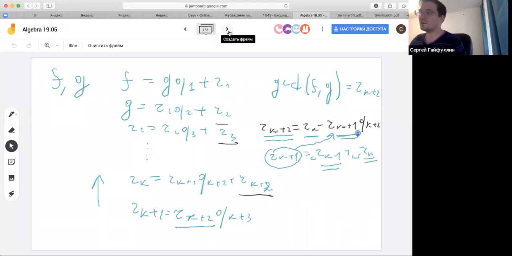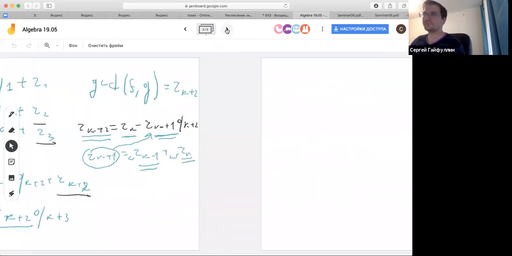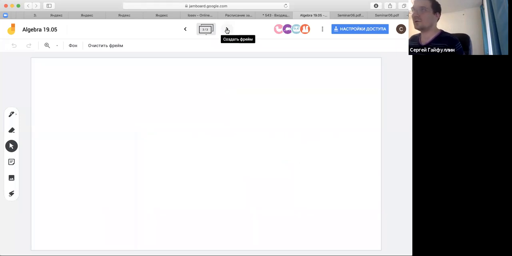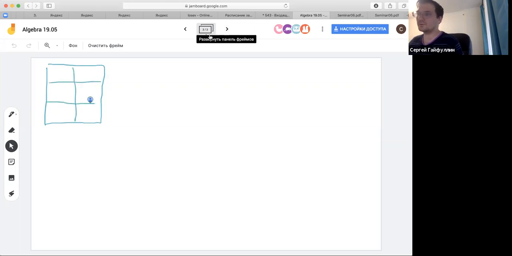This is the Euclidean algorithm, but it is more convenient to use some upgrading of this. Let me show it by tables. I want to have a table with 3 rows and 2 columns.